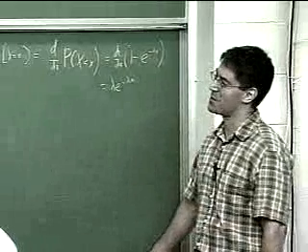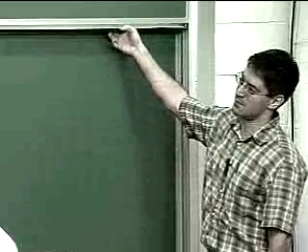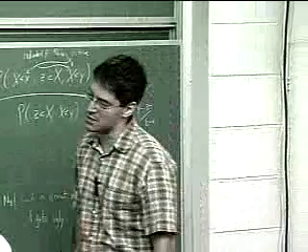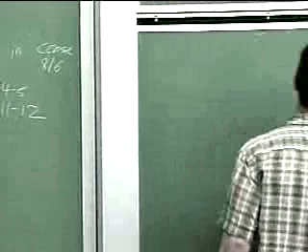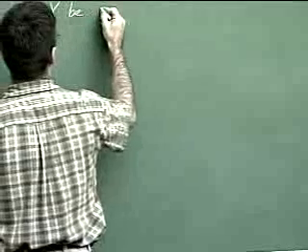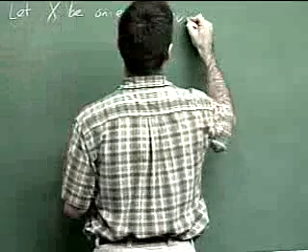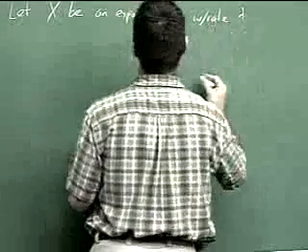So what's so great about the exponential distribution? It's the conditioning. How nicely it works when you do conditional probability. Let X be an exponentially distributed random variable with rate lambda.